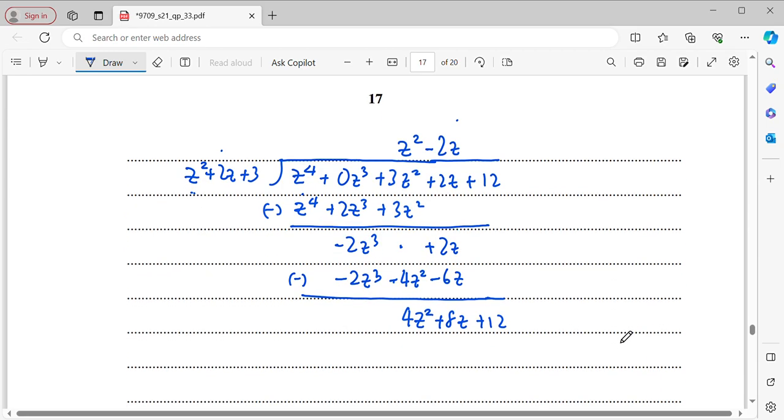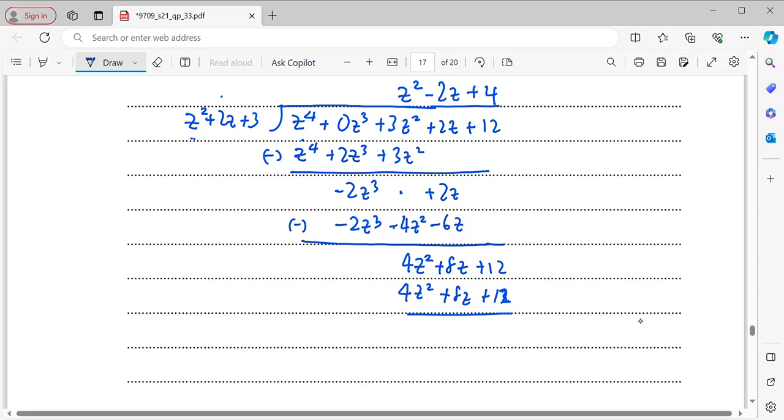Means that now to get 4z squared from z squared, you need to multiply with plus 4. Then you will be getting all the same terms. So which means z degree 4 plus 3z squared plus 2z plus 12 equals z squared plus 2z plus 3, which is our divisor over here, times the quotient.